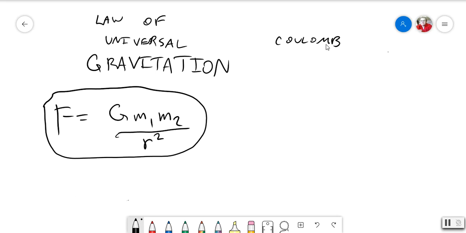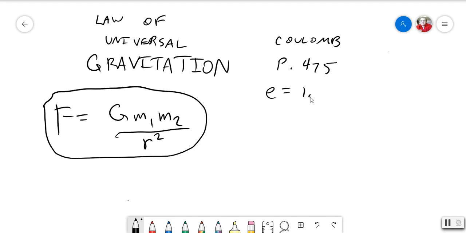Coulomb is the measure of electrical charge, as you'll see over on page 475. And it's based on the charge of an electron.